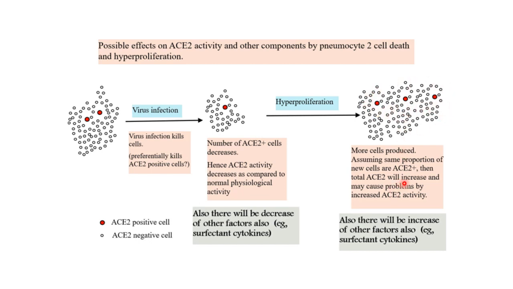So there will be an increase of other factors also, including surfactant cytokines and so on. And so there may be a problem by increased ACE2 plus increase of other factors, and up here there may be a problem by decrease of ACE2 plus decrease in other factors.